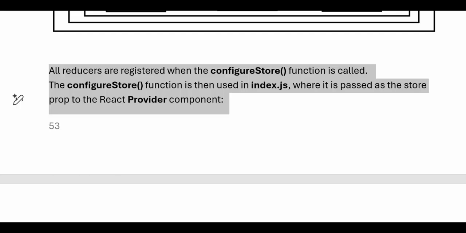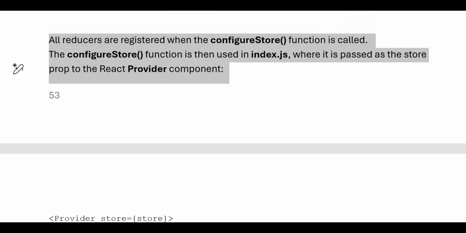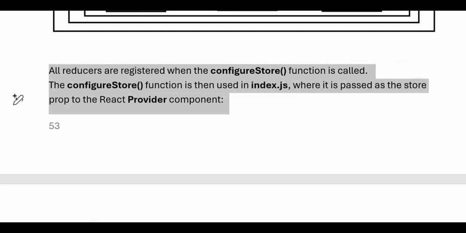But sometimes I check afterwards, and sometimes some text passes below my radar, and that part of text is very complicated. So this sentence I corrected afterwards: reducers are registered when the configureStore function is called.